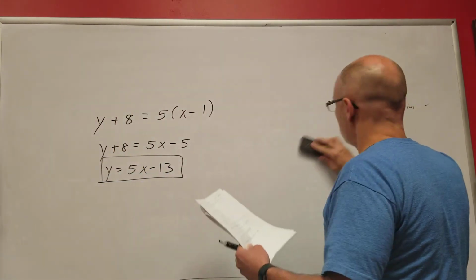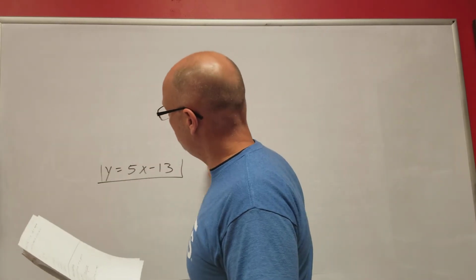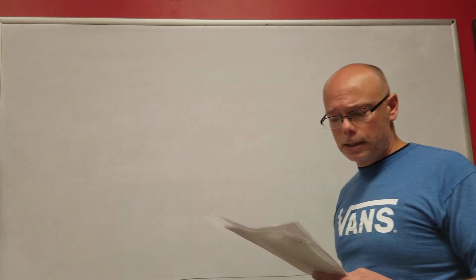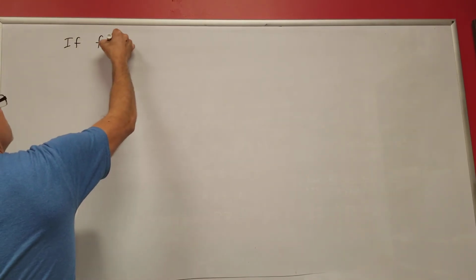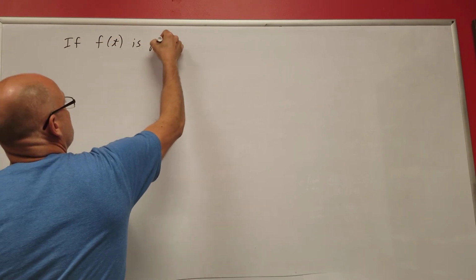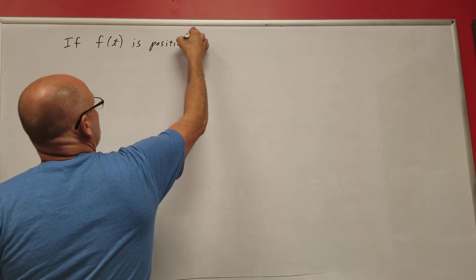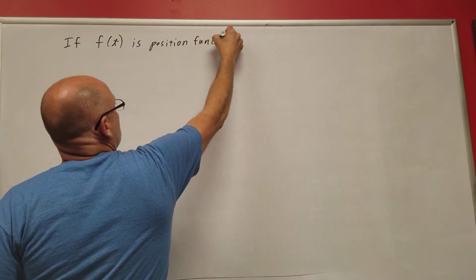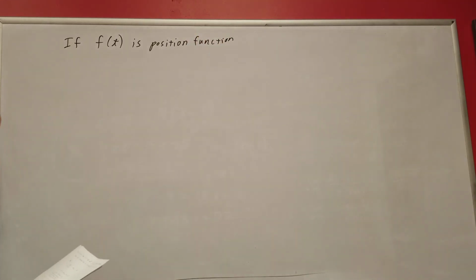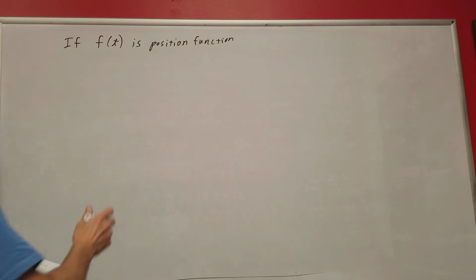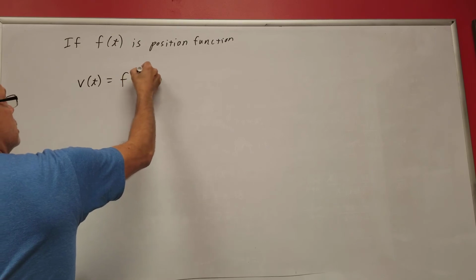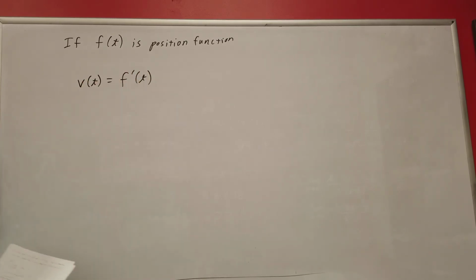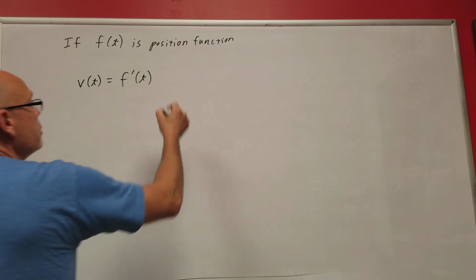And your book reads something like, if f of t is the position function of a particle in rectilinear motion, then your velocity function v of t is the derivative of your position function f prime of t, which is given by what?